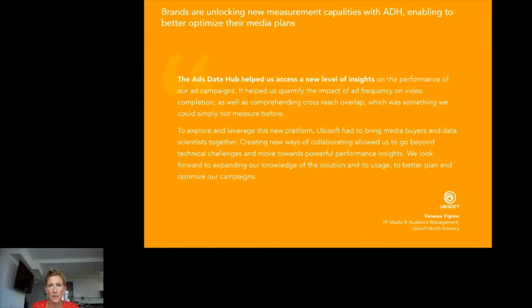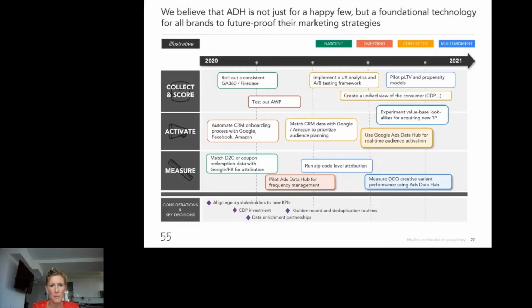So we are able to find out what that number is, and then in turn, Ubisoft can turn around and actually adjust their media spend or their media strategy accordingly and reallocate dollars to more effective use, which is pretty cool, really effective.